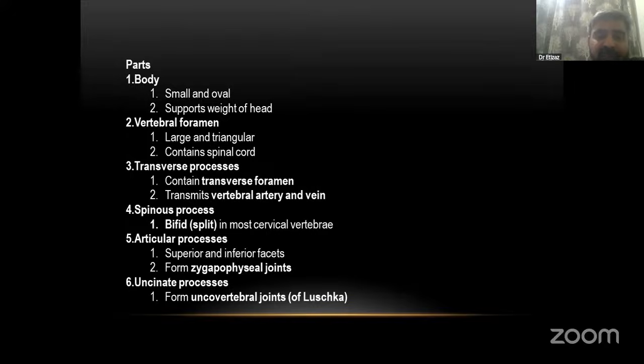There are superior and inferior articular processes, forming the zygapophyseal joints, and last there is the uncinate process that forms the uncovertebral joints, the joints of Luschka. Okay, so these are six peculiar and specific characteristics of the typical vertebral bodies.